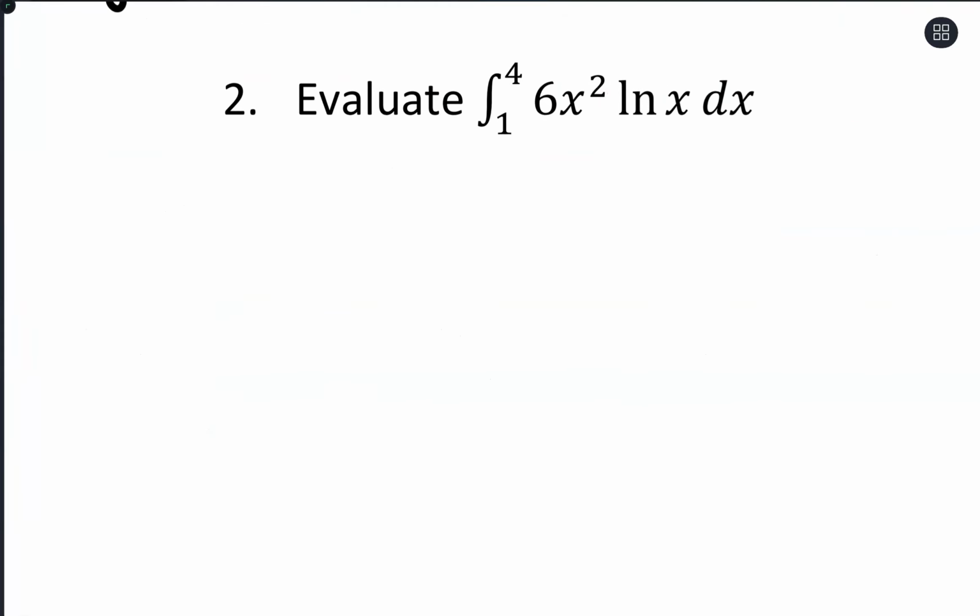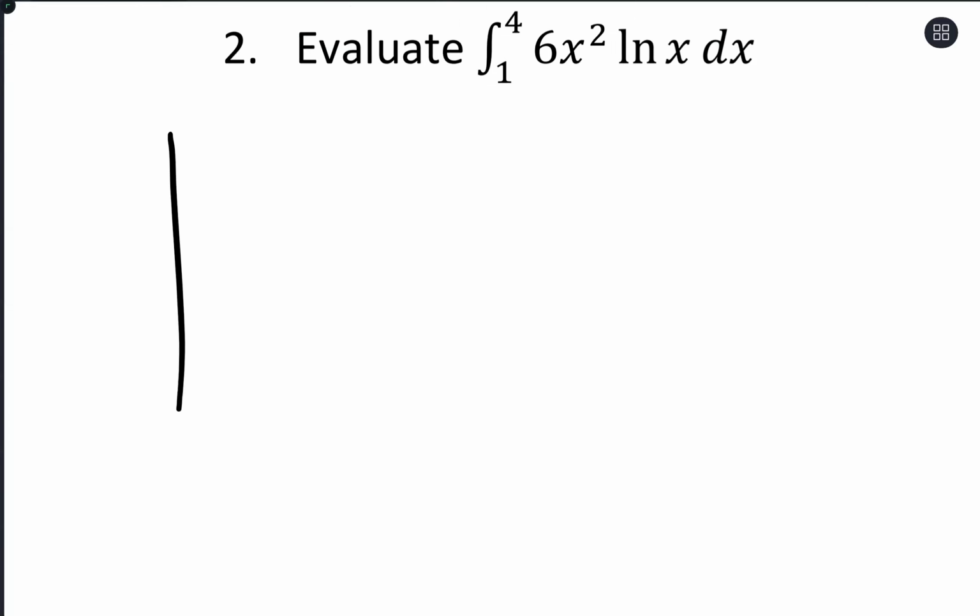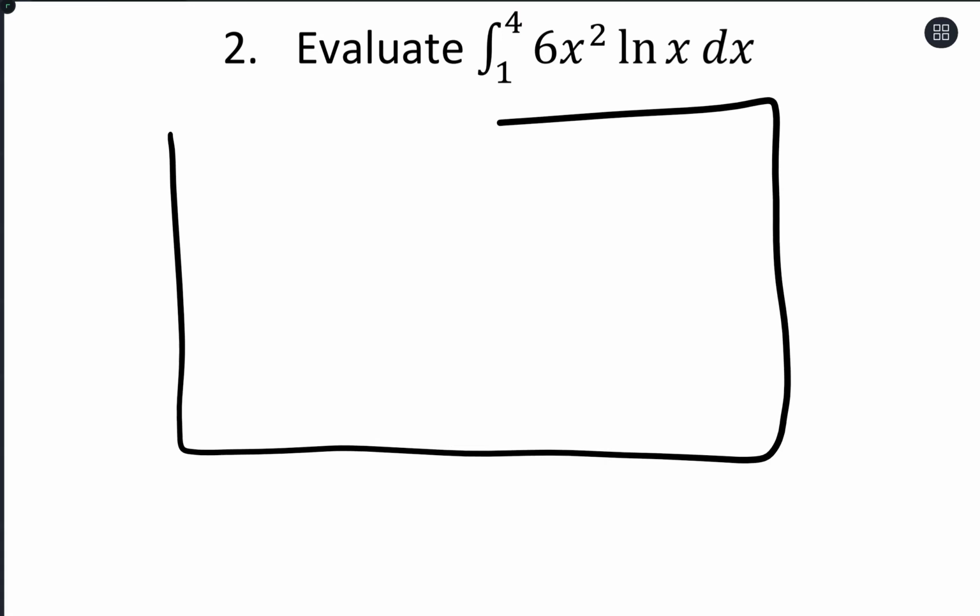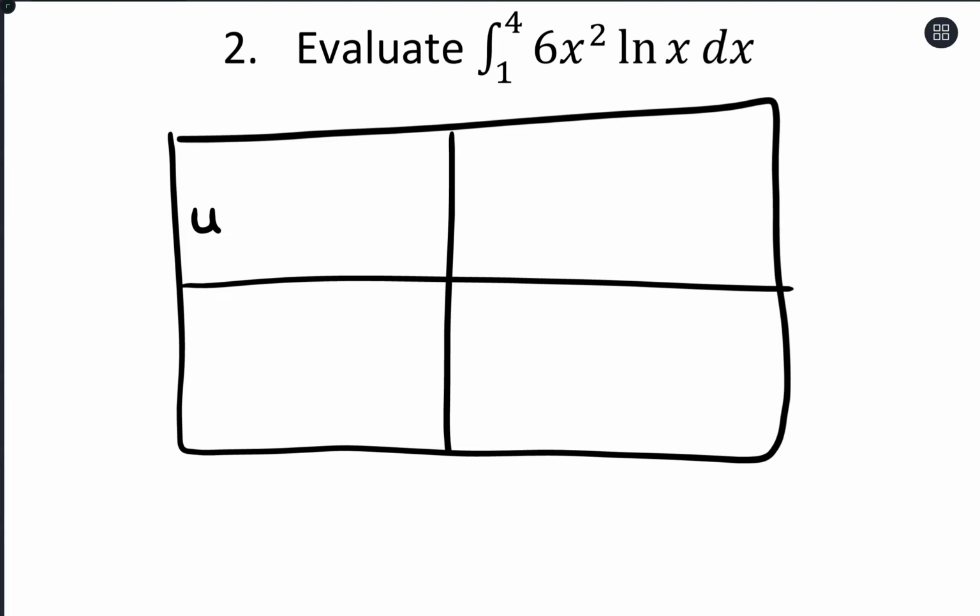Okay, let's go through some more scenarios here, as well as this is a case of a definite integral, so from 1 to 4 of 6x squared natural log of x dx. So I'm going to start with my table, where I would like to have u, du, v, dv all defined.